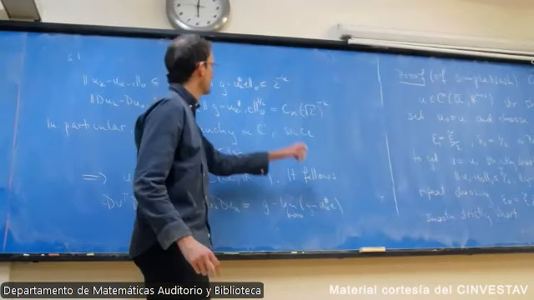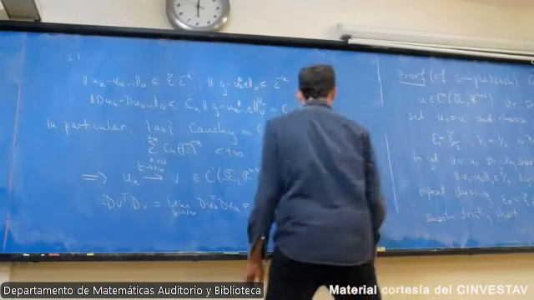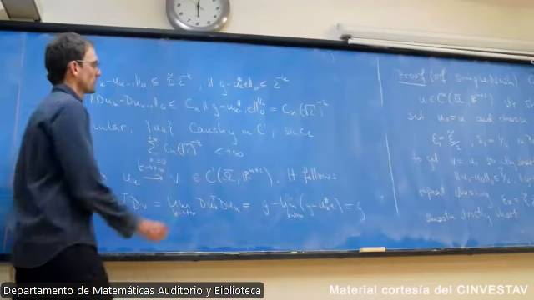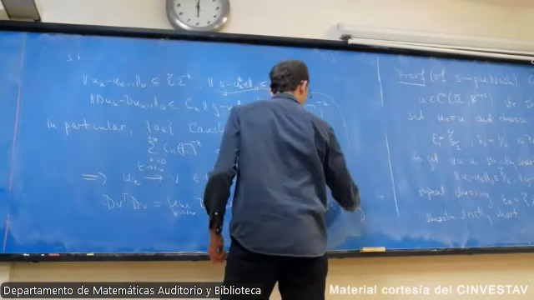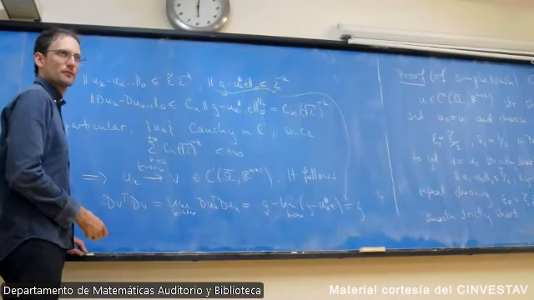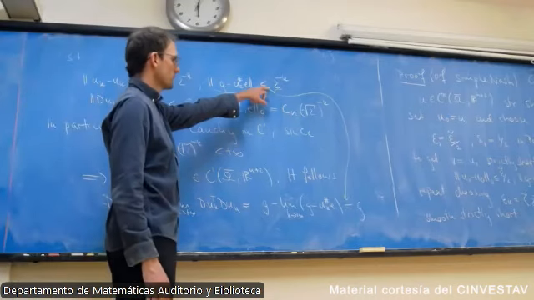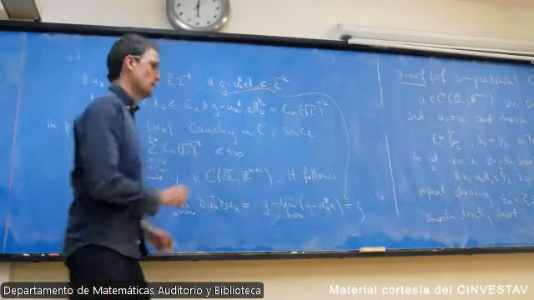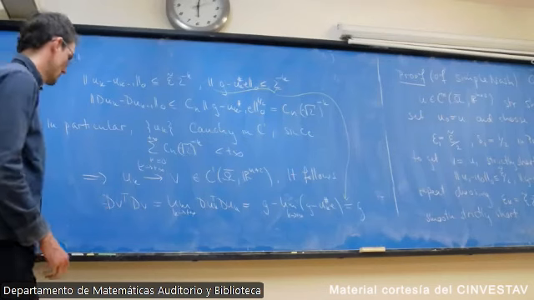And this is a thing which converges to 0, because of this. Because in some norm, this converges to 0, so it has to be converging to the 0 element. So V is an isometric immersion.